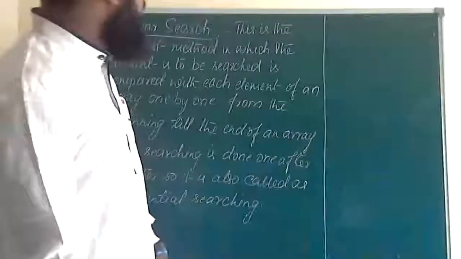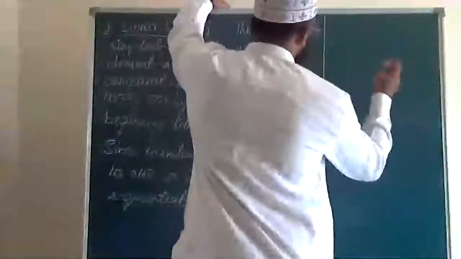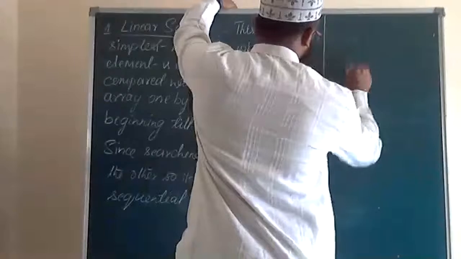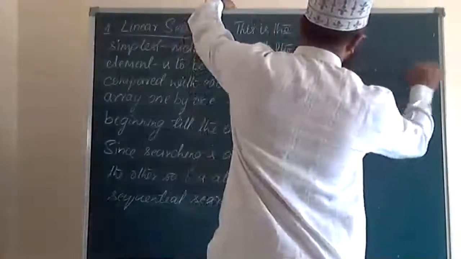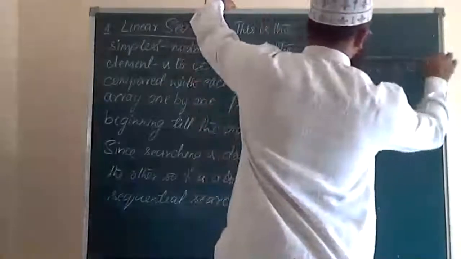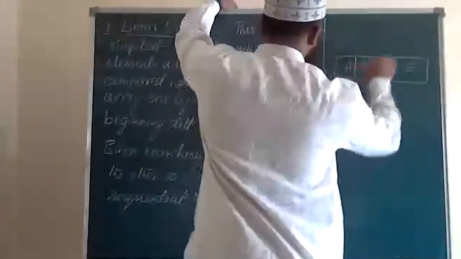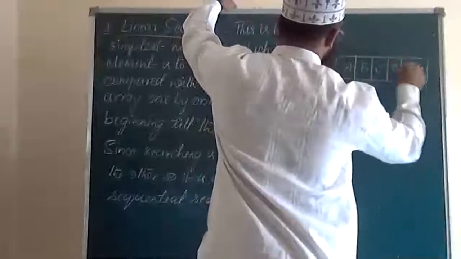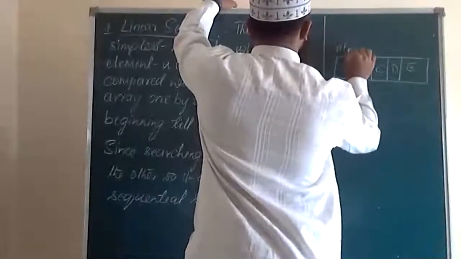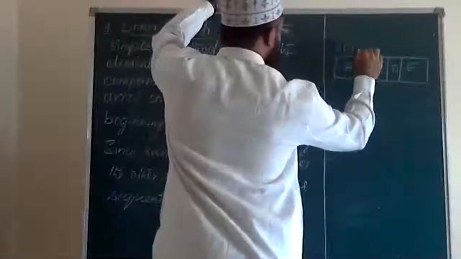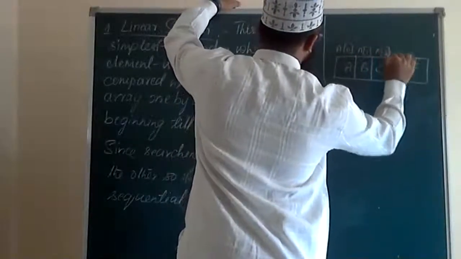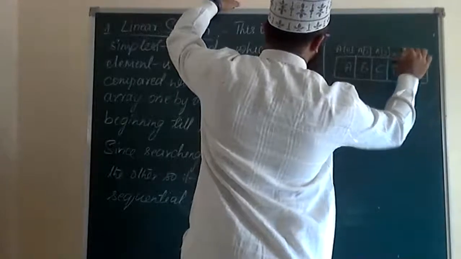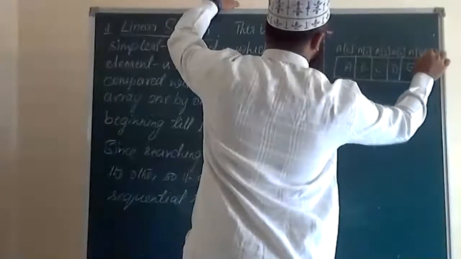Now I will take one example here: A, B, C, D, E. This is A of 0, then A of 1, A of 2, A of 3, then A of 4.